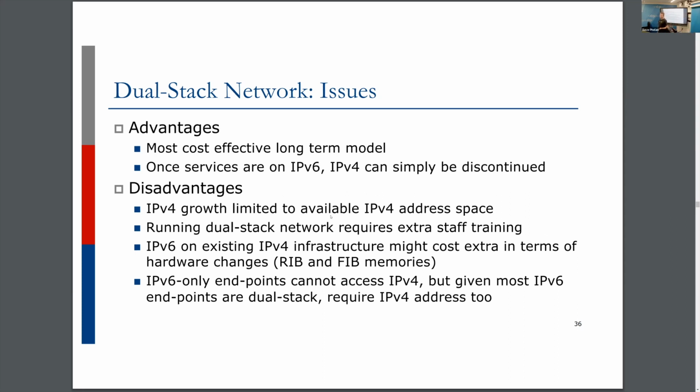Really not much of an issue, because let's face it, we're already at 1 million routes. What's another 140,000? And V6 only endpoints can't access IPv4, but given that most are dual stack, you shouldn't have a drama with that.